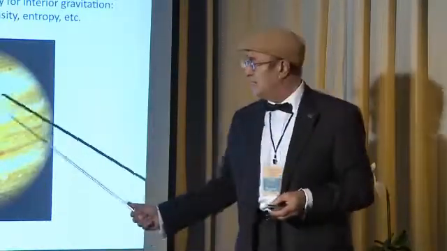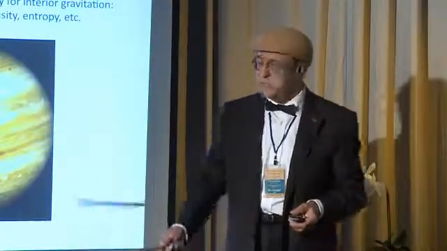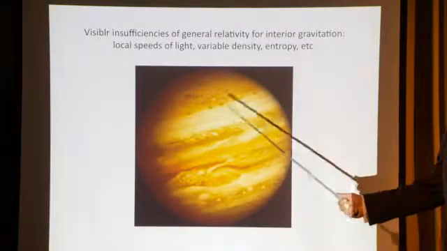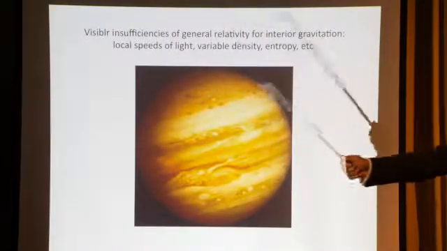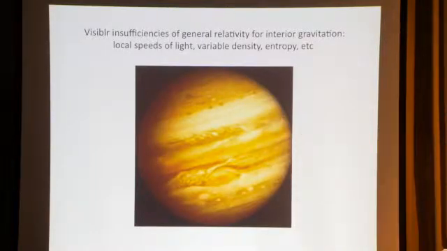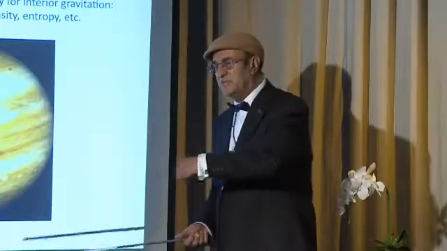But this implies that while in vacuum the light propagates at the speed c, inside Jupiter's atmosphere there is a local variable speed, ladies and gentlemen, as proven beyond doubt. And so you need a geometry capable of representing a locally varying speed of light.